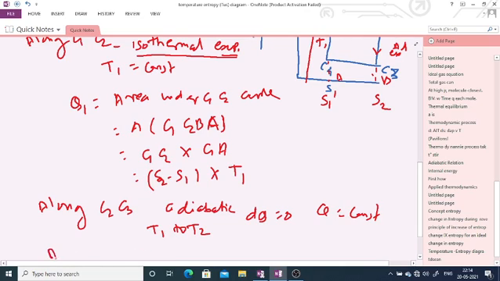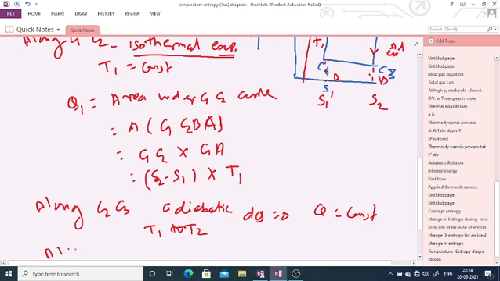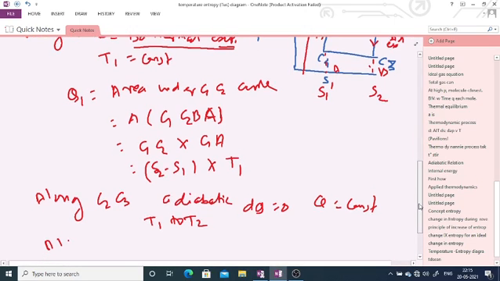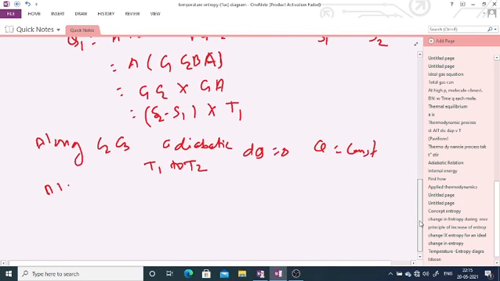Next we consider the process along C3 C4, which is horizontal. You should remember, along C3 C4 this is isothermal, but there is a compression.